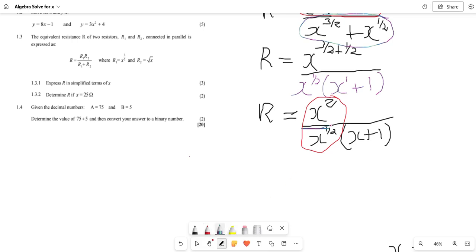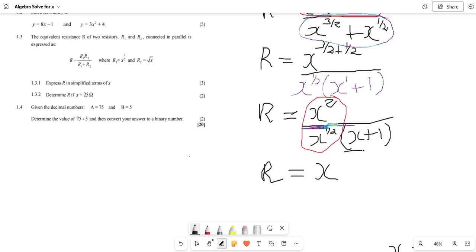Then we must think of law number 2 of our exponents. Law number 2 of exponents says, when you divide the same bases, keep only one base and subtract the exponent. The exponent that is at the top minus the exponent that is at the bottom.